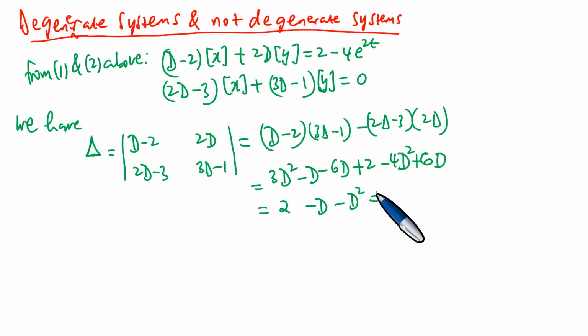But clearly this is not equivalent to the 0 operator, because this is a linear combination of operators and therefore is not equal to the 0 operator.